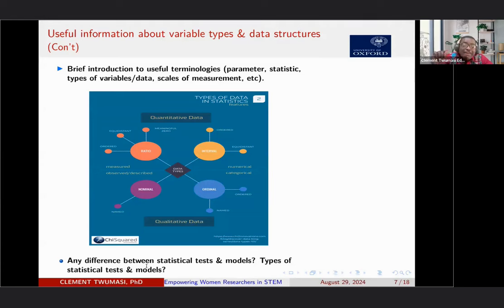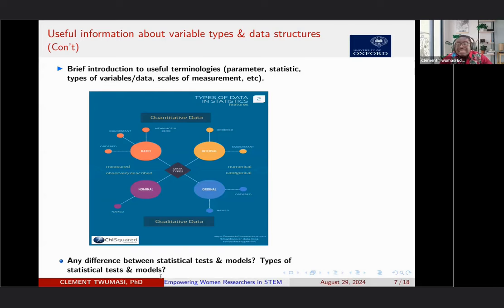Now, this is the clear distinction. Any inferential statistical methodology that does not involve estimating parameters, but focuses on testing some research hypothesis, is what we call a statistical test. So statistical tests are predominantly interested in just testing the validity of some hypothesis. They are not interested in estimating model parameters.